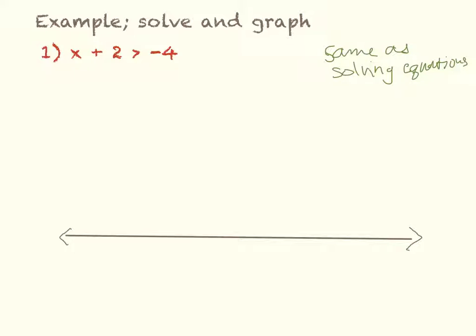So the first thing I'm going to do is pretend this is an equal sign, and I'm just going to do the opposite. So I want to get x by itself, so the opposite of plus 2 is minus 2. And I do it to both sides, leaving me with x is greater than negative 4 minus another 2 is a negative 6. So that's solved, and then I graph it.